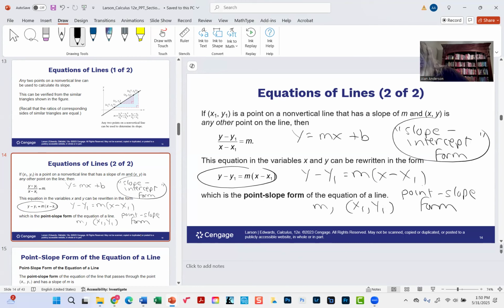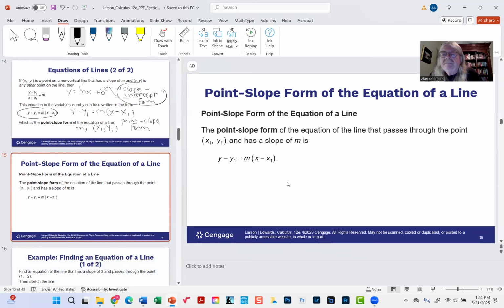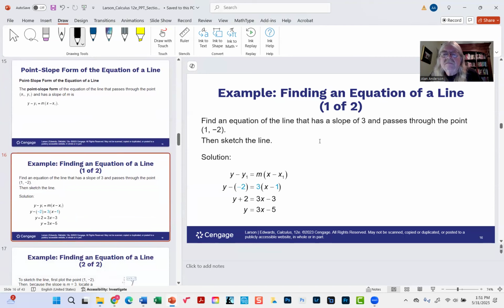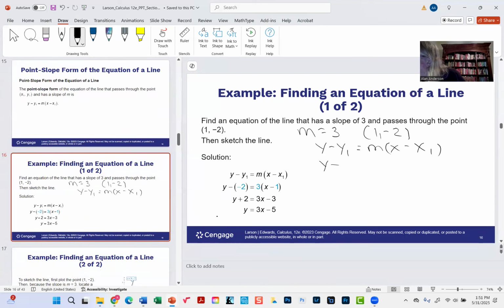This one the name is pretty straightforward because it contains the slope and it contains the intercept. And of course, the two are perfectly equivalent to each other. It's no different than expressing a temperature in Celsius versus Fahrenheit. It means the same thing. But again, most of the time we're going to run into this form. So here's a quick example. Imagine they told you that a line has a slope of 3 and it has a point (1, -2), then you know that the equation is. So just keep in mind, this is of course x1, this is y1.